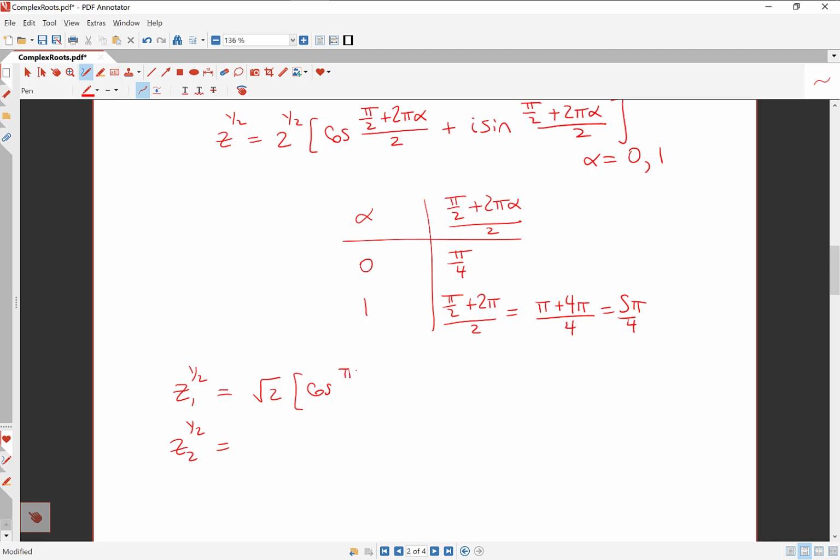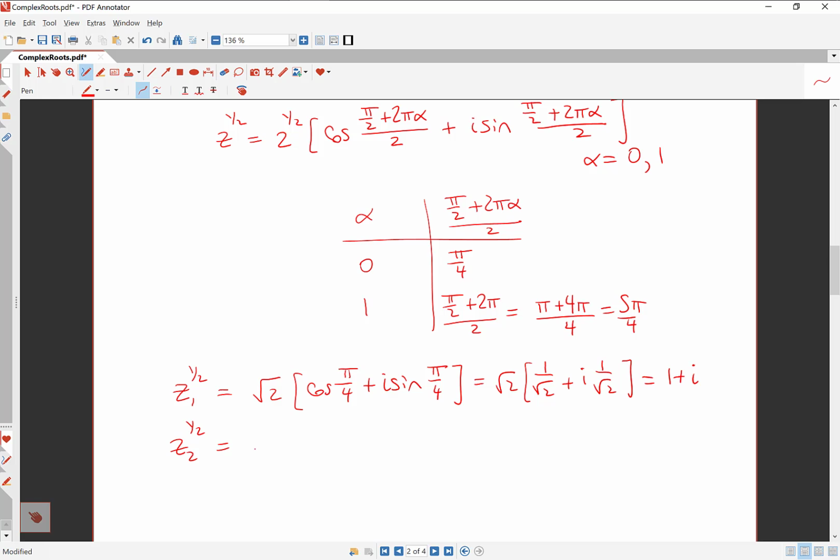So we would have cos of pi over 4 plus i sine pi over 4, and we could simplify that and put that into rectangular form. So that's root 2 times 1 over root 2 plus i times 1 over root 2. So maybe best way to say that would be 1 plus i.